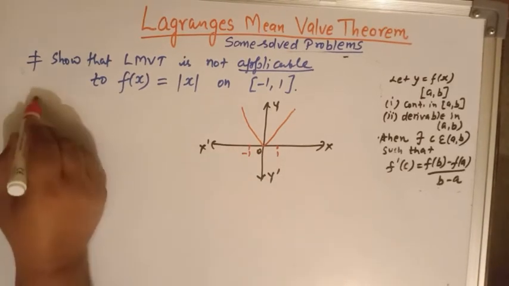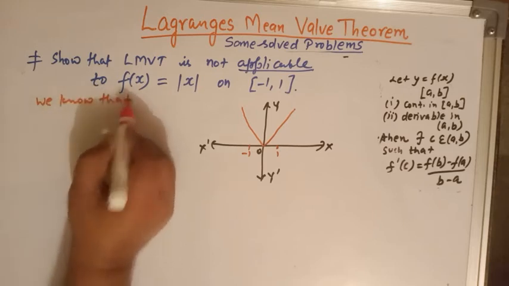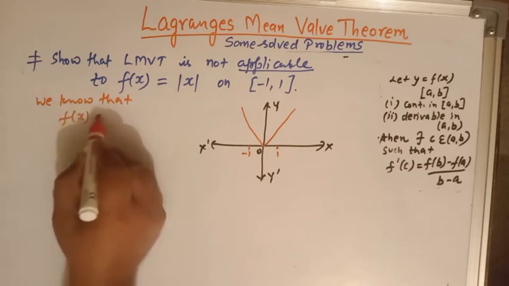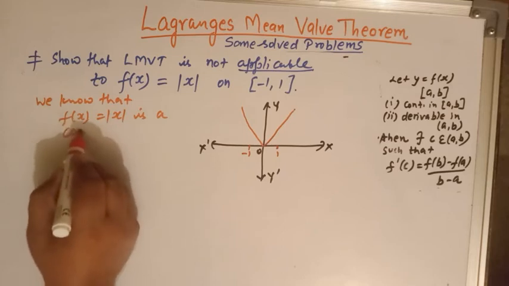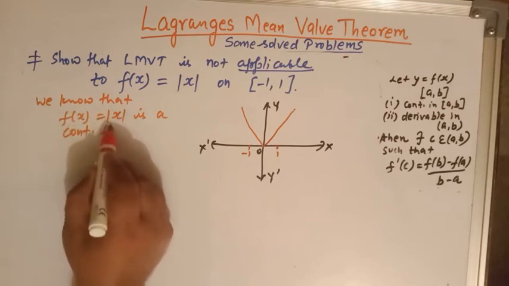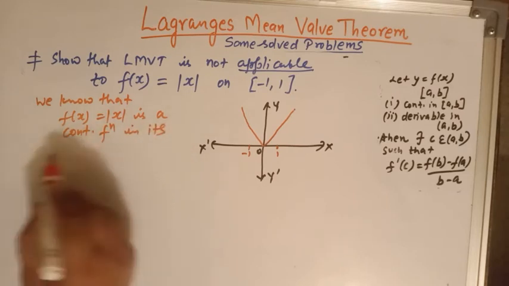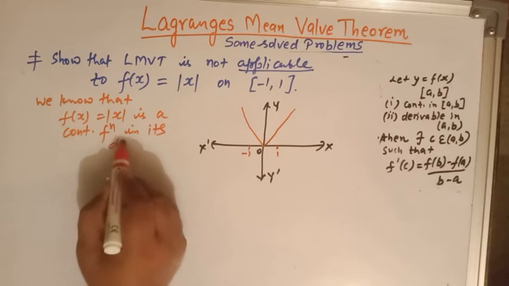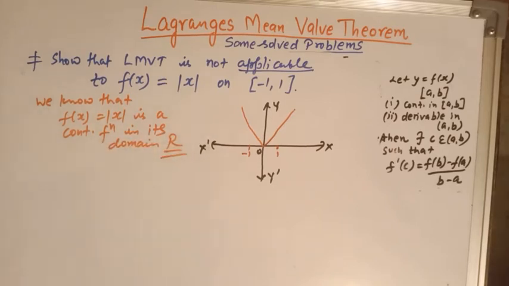Now we know that the absolute value function f(x) equal to mod x is a continuous function in its domain R, which is the set of real numbers.